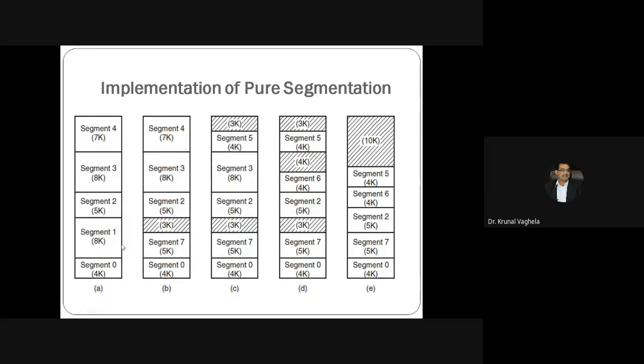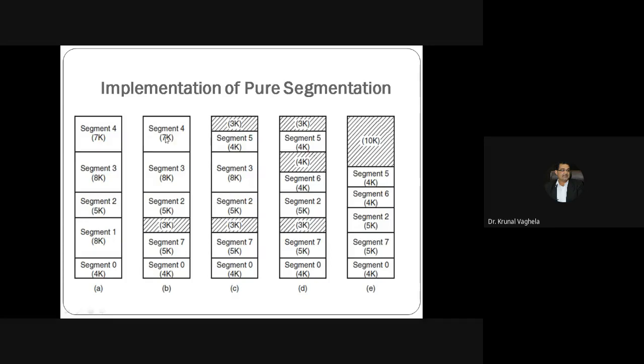The operating system decides to remove segment 1. What is its size? 8K. Now this is 5K, so 3K is unused space, or you can say a hole. After some time, segment 5 will come, so again the operating system will decide which segment to remove.